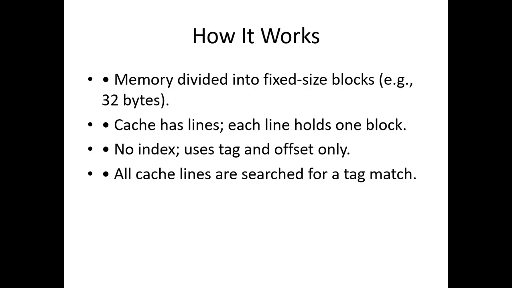The memory address is only split into two parts: the tag, which identifies the memory block, and the offset, which specifies the byte within that block. That's all. There is no index because the blocks are not restricted to specific sets or lines.